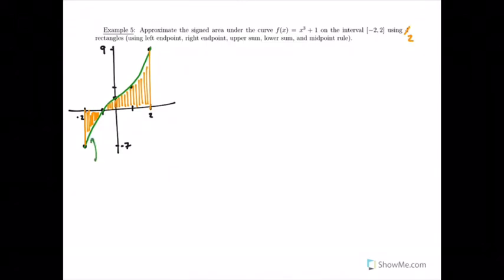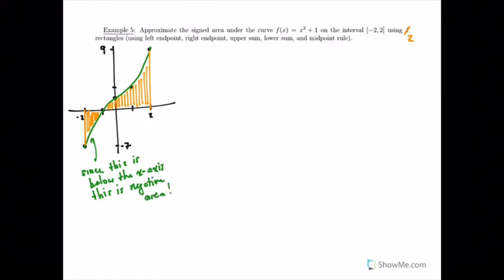And since this is below the x-axis, this is negative area. That's going to be something that we're going to have to consider in this problem.